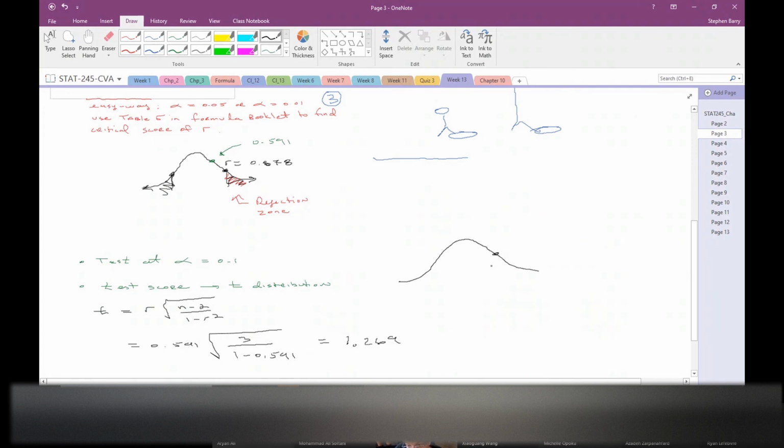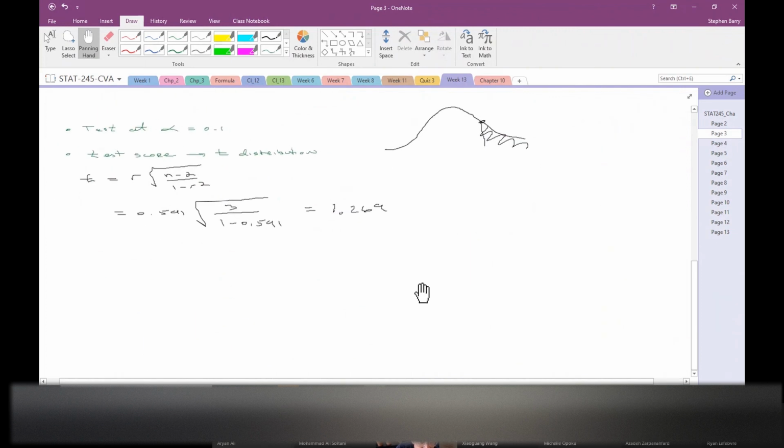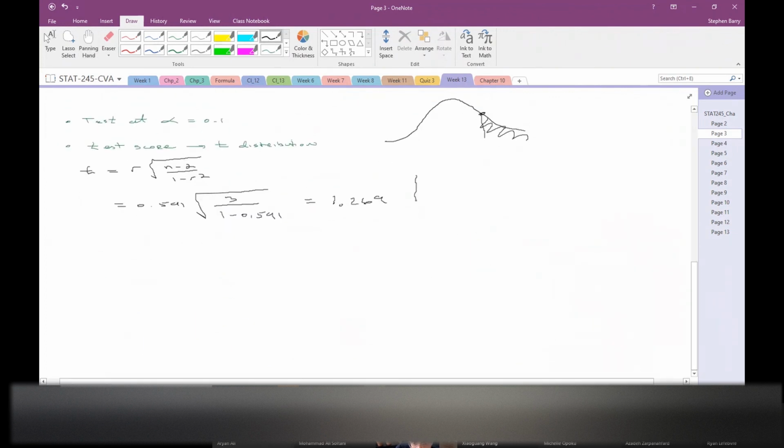Where does 1.269 compare to some sort of rejection zone? Let's use the p-value method, and then compare it to 0.1. Well, actually, it's going to be alpha over 2, so we'd compare it to 0.005, but that's okay. It's a two-tailed test.